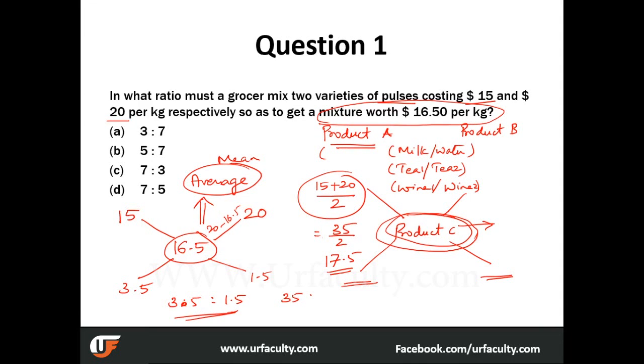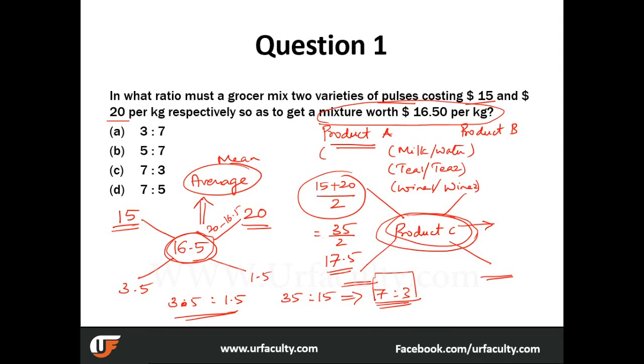You can write it as 35 is to 15, which is equal to what? 7 is to 3 if you divide across by 5. So this is the basic concept that you need to understand. This is just like your average. You know that this is the mean. Now you don't know the ratio in which they are being mixed. So it just means that if 7 parts of this product of value 15 is mixed, then 3 parts of a product of 20 is being mixed. So that is what this value means.